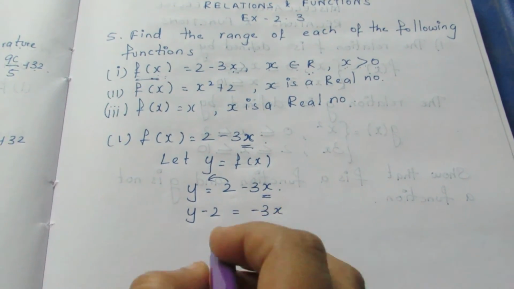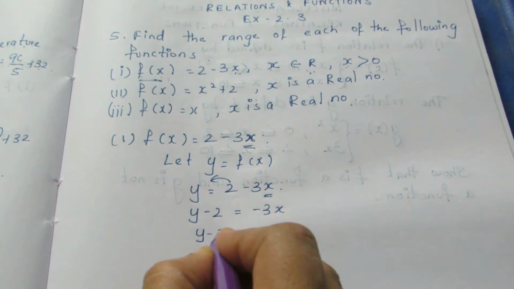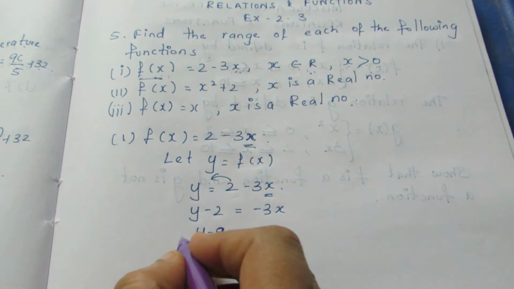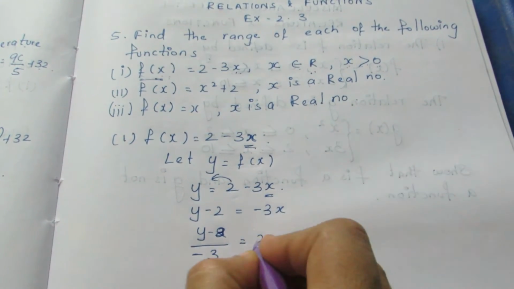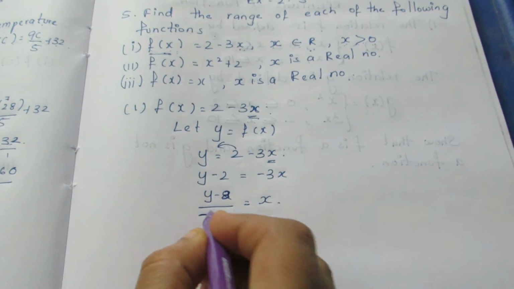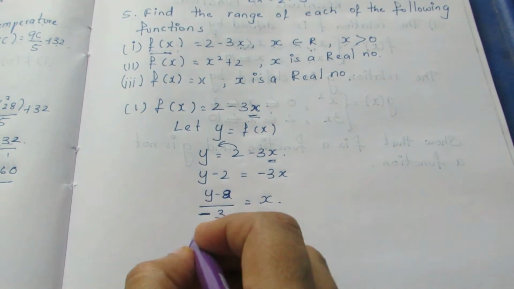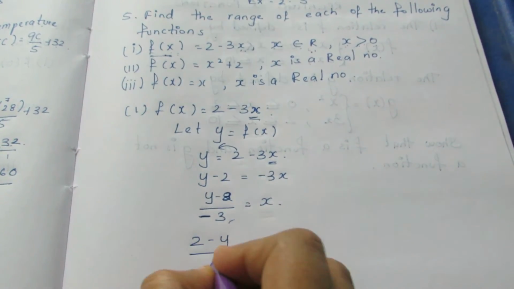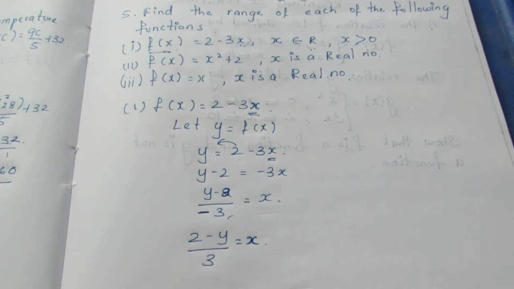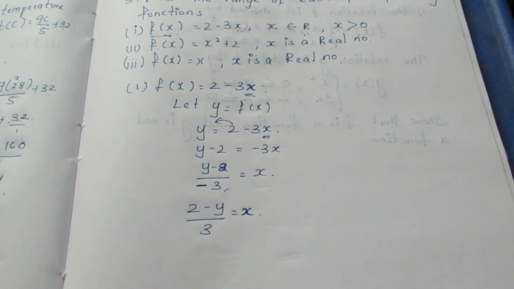If I bring minus 3 to the other side, it comes as a divide as it is multiplied with x. So minus 3 comes in the denominator. There should not be a negative sign in the denominator, so change the sign of everything. So 2 minus y by 3 is equal to your x. Okay, now we have got that 2 minus y by 3 is equal to x.